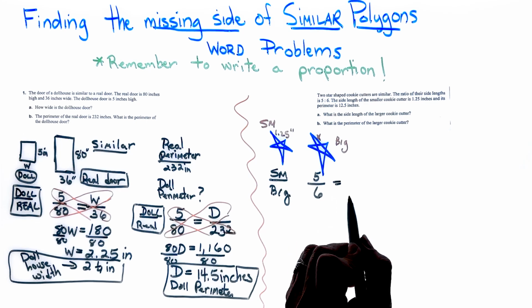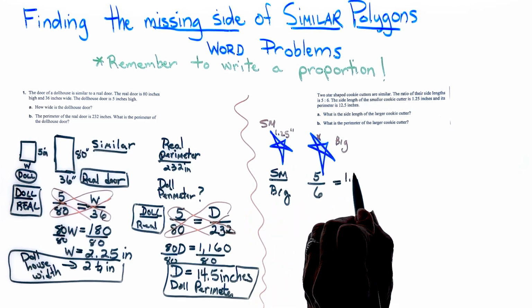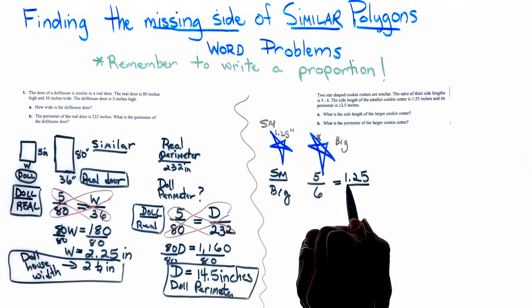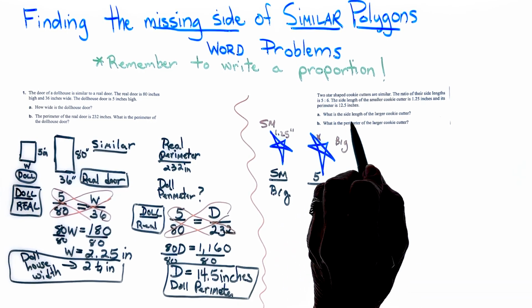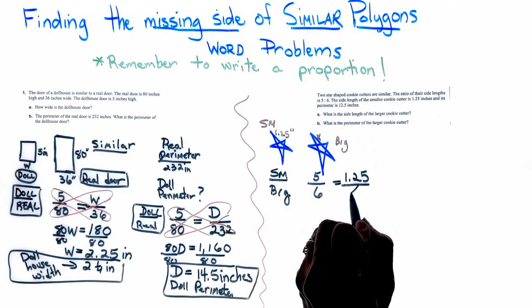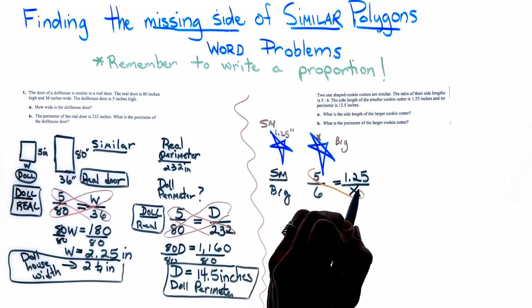And now, again, I'm going to my small picture, and it's 1 25/100, 1.25 or 1 1/4. And the big side length is what we're trying to find. Again, we will definitely go ahead and we will do our cross products.